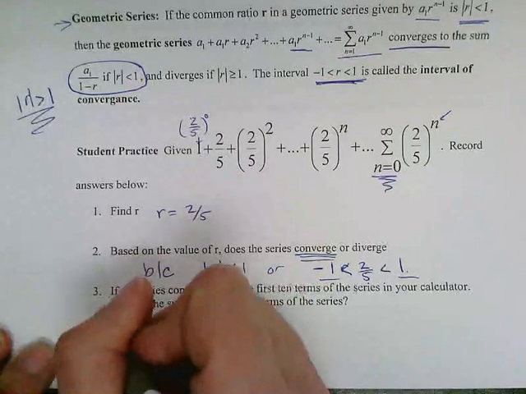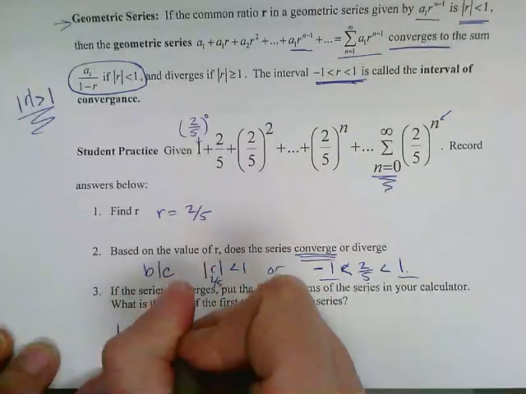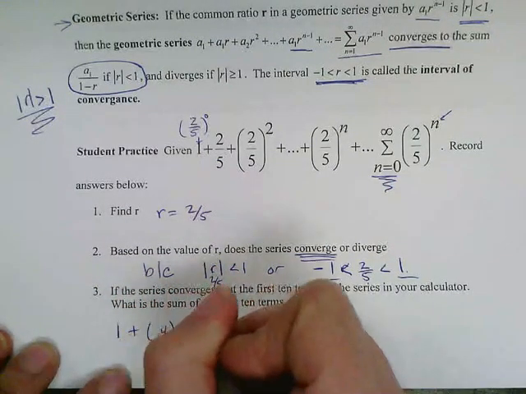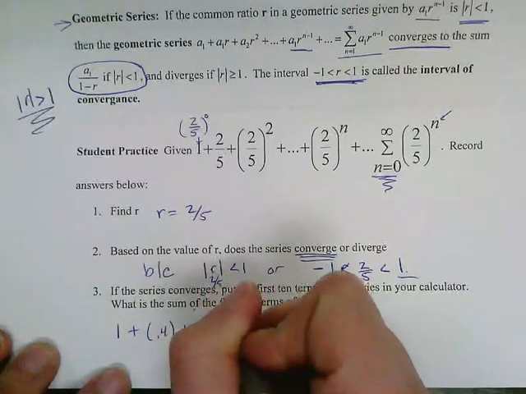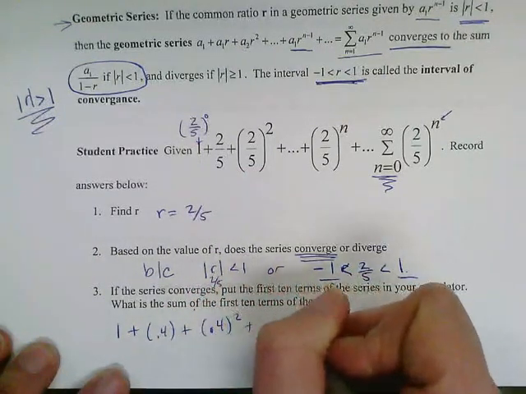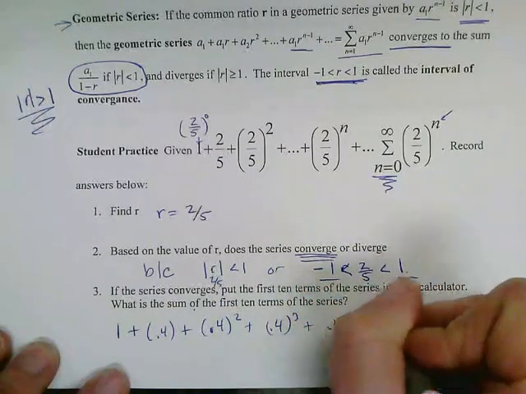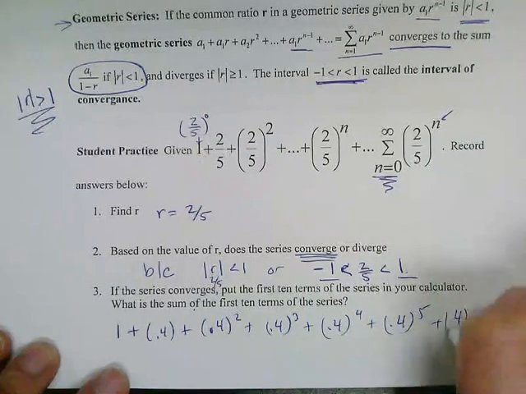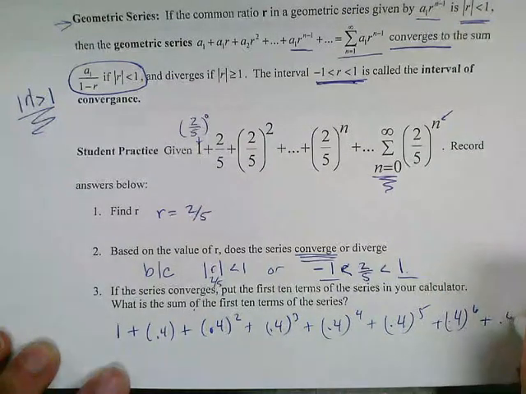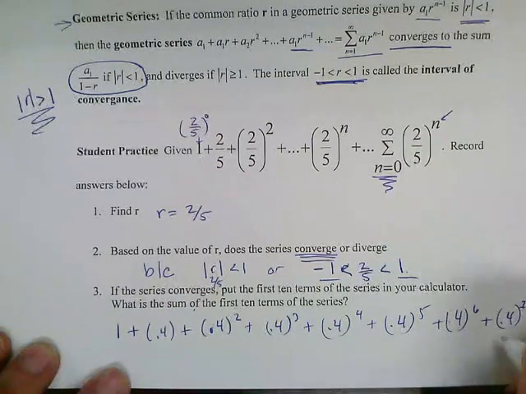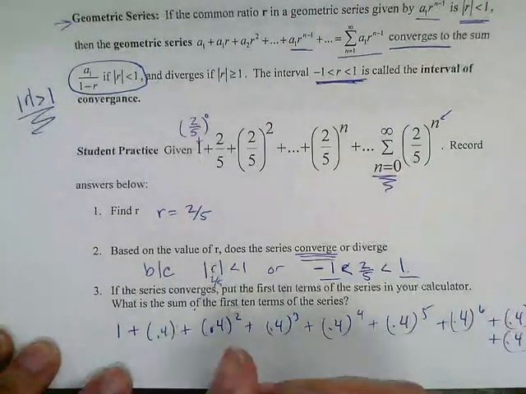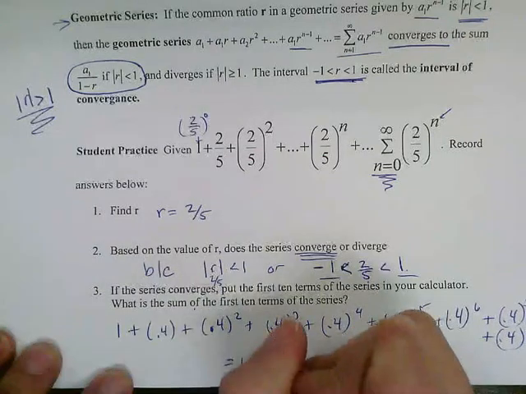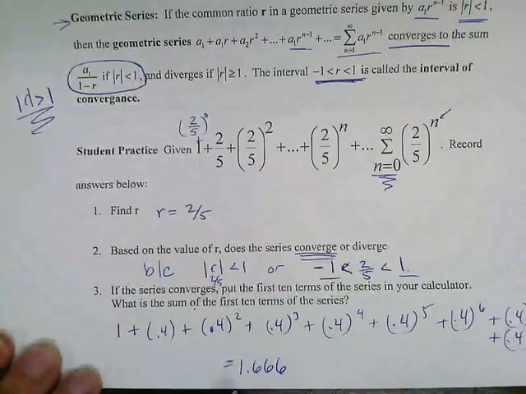So basically, you're going to go 1 plus 0.4 plus 0.4 squared plus 0.4 cubed plus 0.4 to the 4th plus 0.4 to the 5th plus 0.4 to the 6th plus 0.4 to the 7th plus 0.4 to the 8th and plus 0.4 to the 9th. And this equals 1.666.